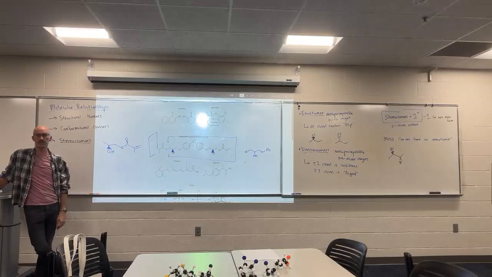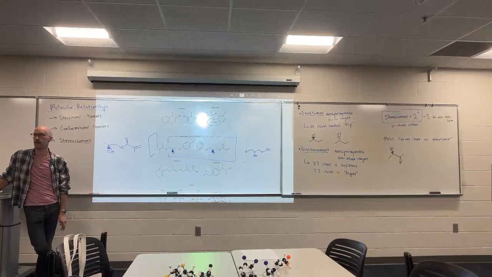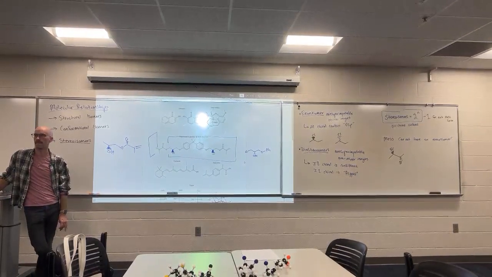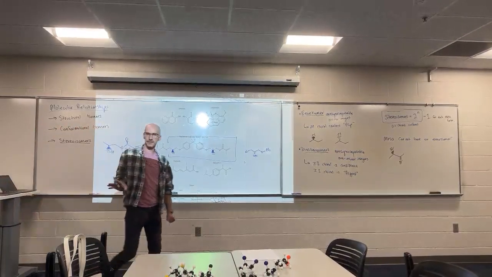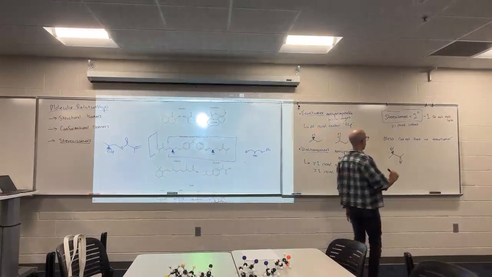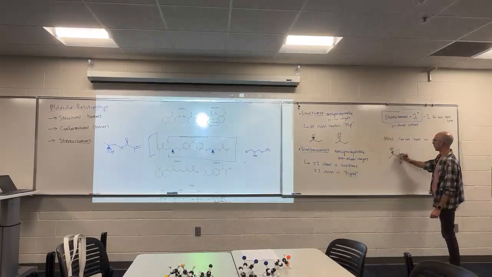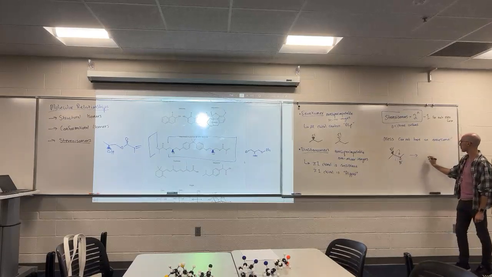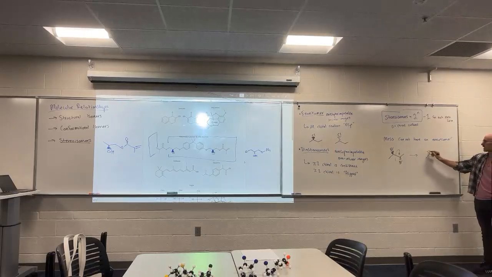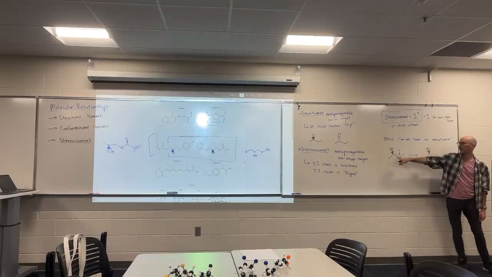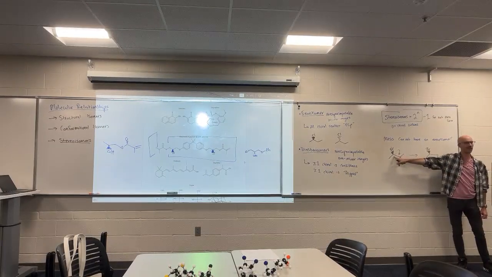This compound is meso. I don't see the plane of symmetry yet. But if I rotate into a new conformation, if I go from zig-zag to zig-zig, this carbon's not rotating, so its stereochemistry stays the same.